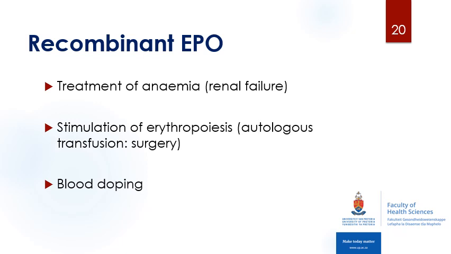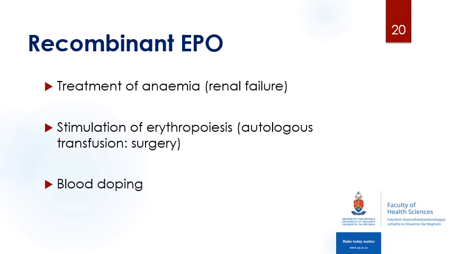This decreases the chance of having a rejection because you're getting your own blood, and because you were treated with EPO, you had a high amount of red blood cells in your blood. So you're going to be transfusing yourself with blood that is rich in red blood cells, and this increases the likelihood of a successful operation.